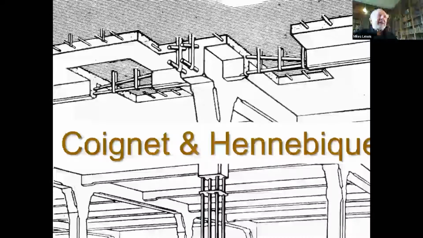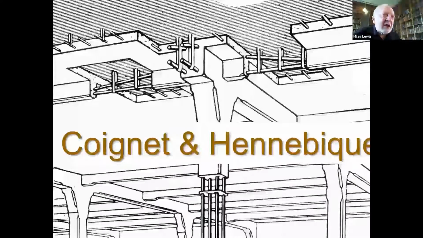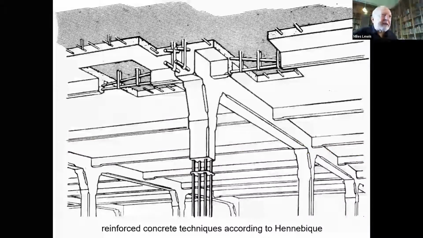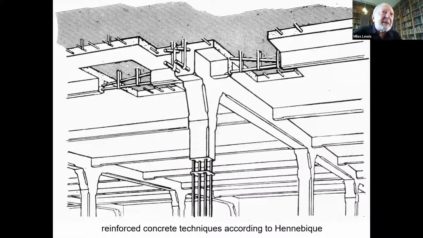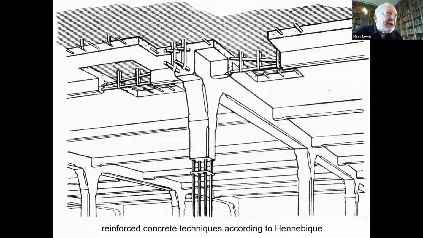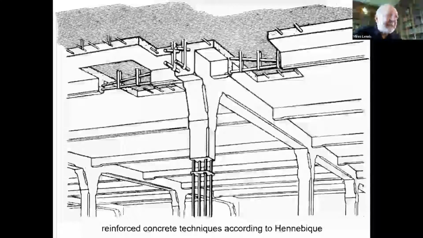And two other French engineers develop along the same lines, Coignet and Ennebeek. The Ennebeek system, very similarly, the rods are at the base of the beam, they jack upwards over the point of support. He uses a lot of stirrups, those straps holding the reinforcement together.